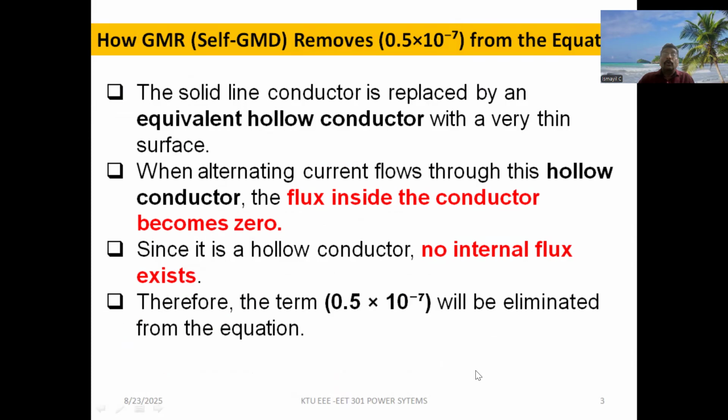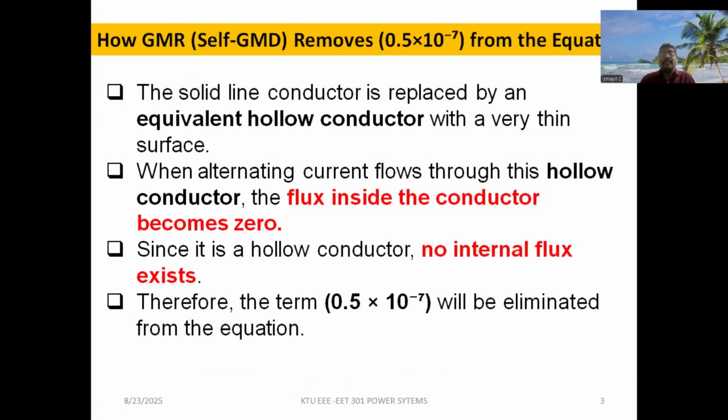Now, how are we removing that 0.5 into 10 raised to minus 7 from this equation of the inductance? For that purpose, we are replacing the solid conductor by an equivalent hollow conductor with a very thin surface.